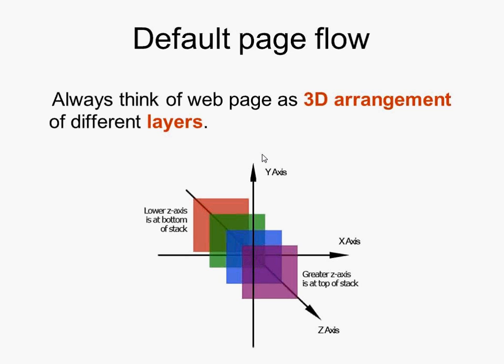Unless you change the position property and certain other properties, only then will it come into another layer. Talking about the display property, we are talking about this default layer, though the same rules are applicable to other layers also, I mean your not-so-default layers.